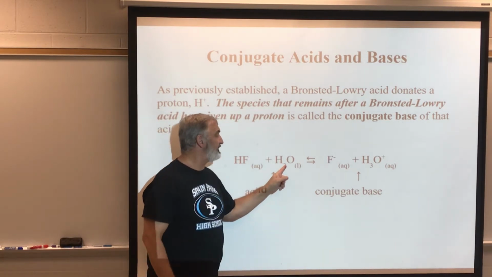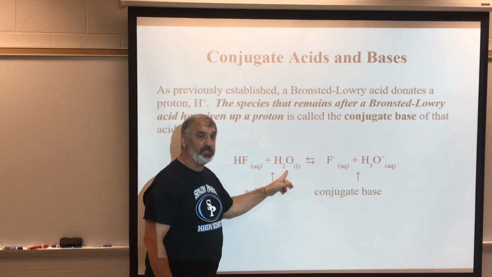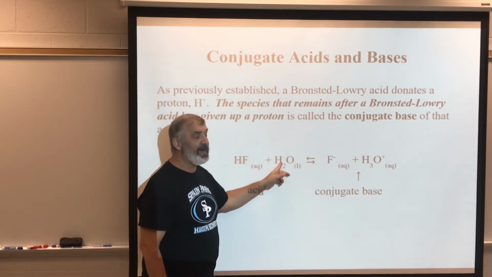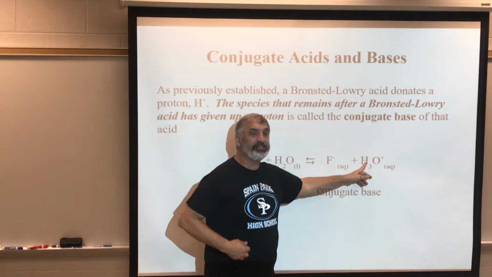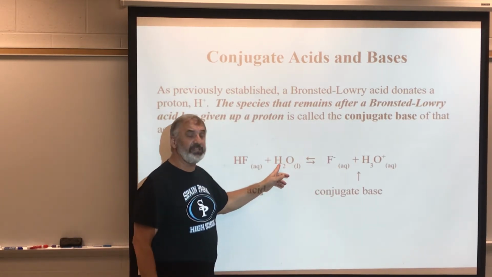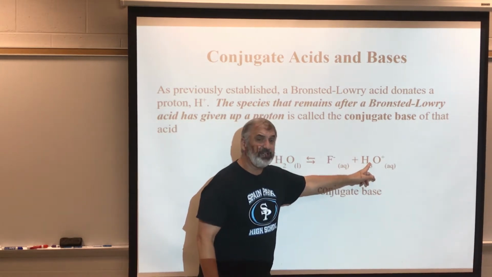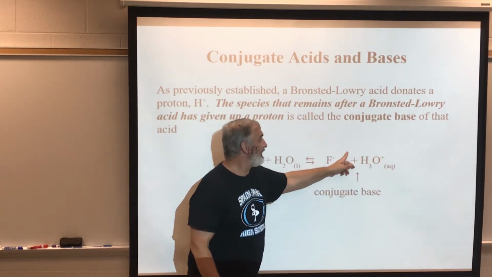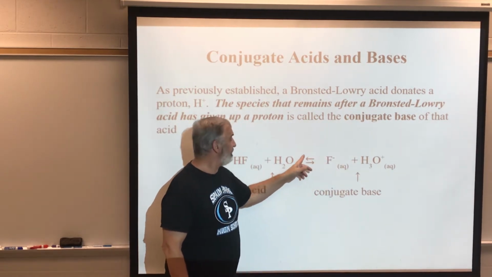The same thing as here: water in this case is acting like a base. So water accepted a hydrogen going left to right, so it became H3O+. This is the base. The H3O+ over here, going right to left, donates the hydrogen back to the F- to become H2O.